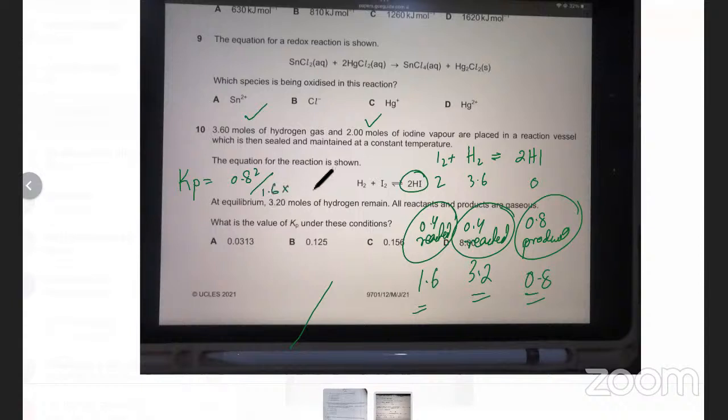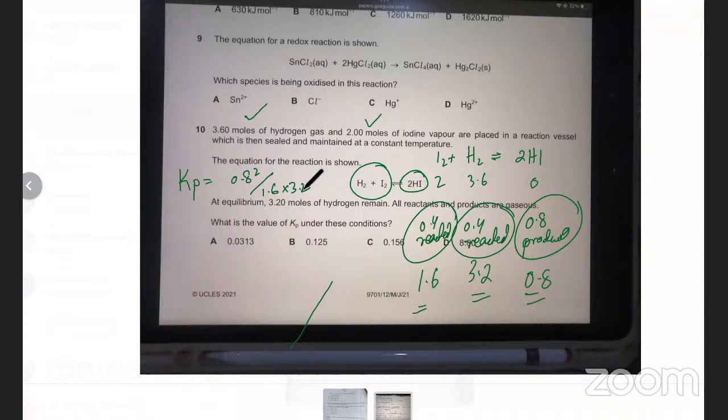Make sure for Kc and Kp both, if the equation has an equal number of moles on both sides, you don't need to find partial pressure. You can directly use moles in the expression because all the other steps, numerator and denominator, get cancelled out. So there's no point doing all of that. Is that clear?